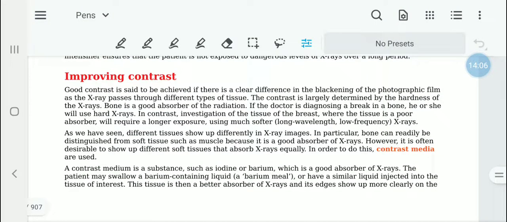Leave a line and write. When contrast is better, there is a clear difference in the blackening of the photographic film when X-rays pass through different types of tissue.